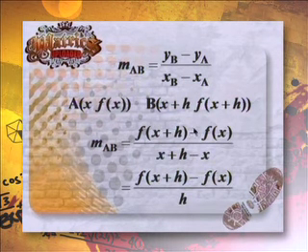Remember, this minus is there in the formula, and it's a matter of simplifying the bottom. The top stays the same, f of x plus h minus f of x. Then on the bottom, x will cancel x, and you have h. This is now the general formula for the average gradient.